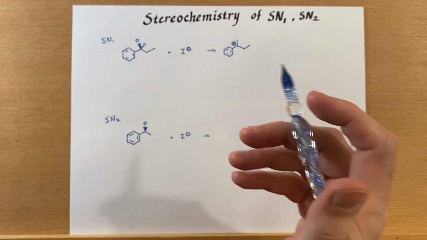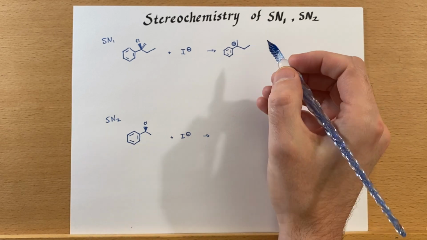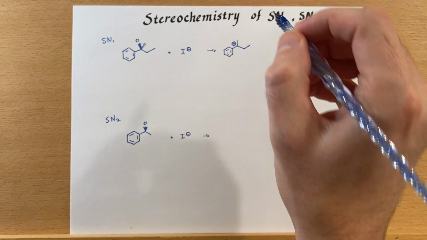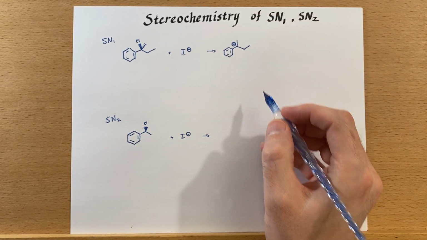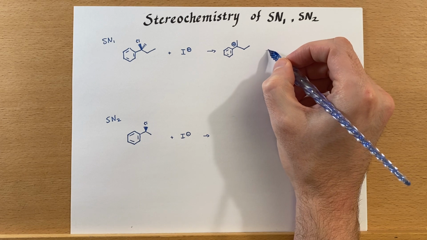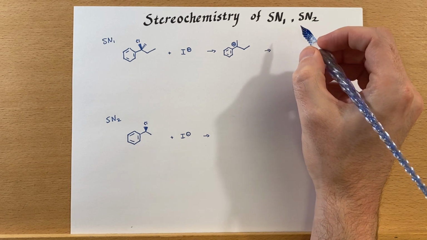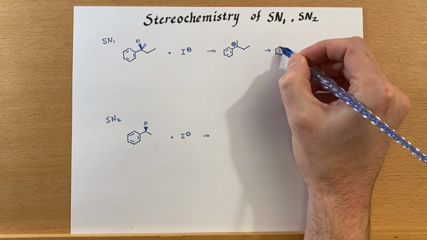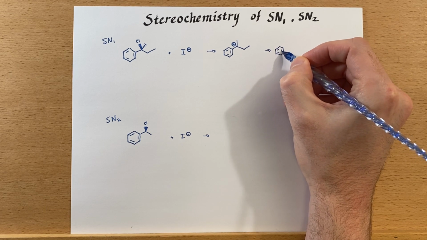And I'm going to set this aside and we'll draw out those two possibilities. So, if the iodine comes from the top of the page into the molecule, then we will form the S enantiomer. So, I'll draw that.